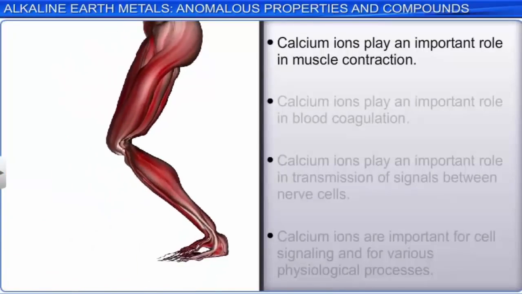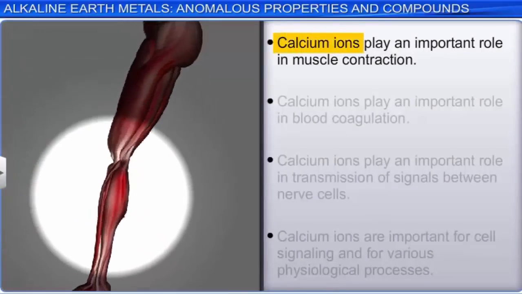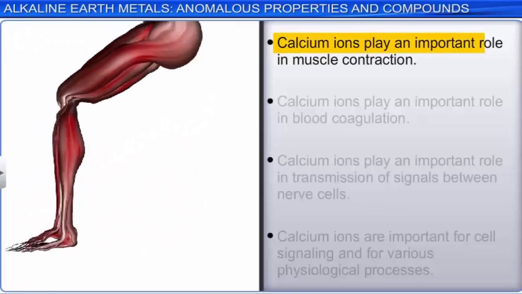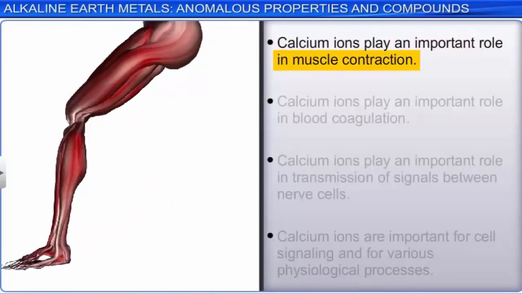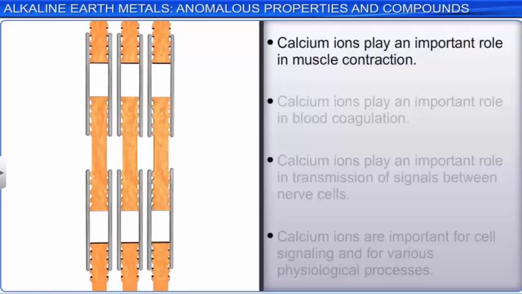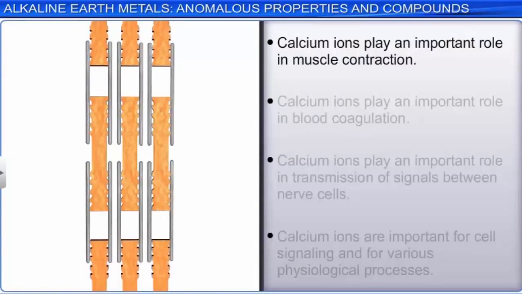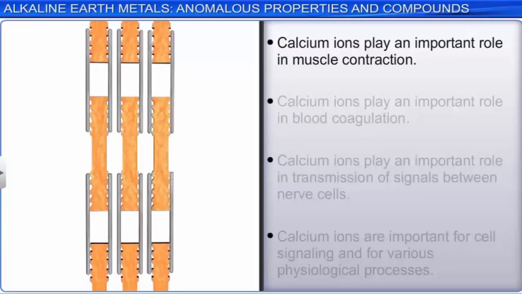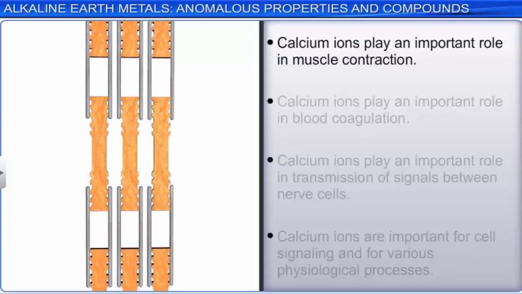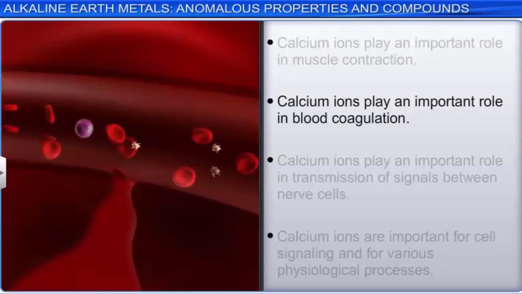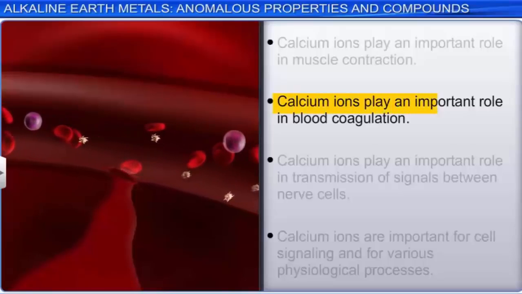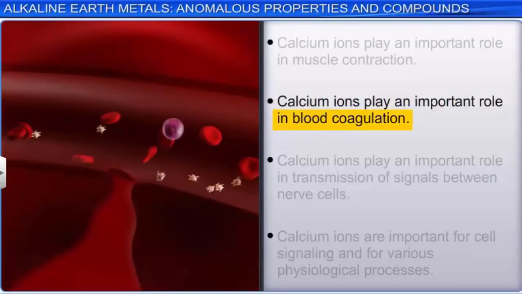Calcium ions play an essential role in muscle contraction. A diagram of the sliding filament theory of muscle contraction is shown here. Calcium ions also play an important role in blood coagulation.